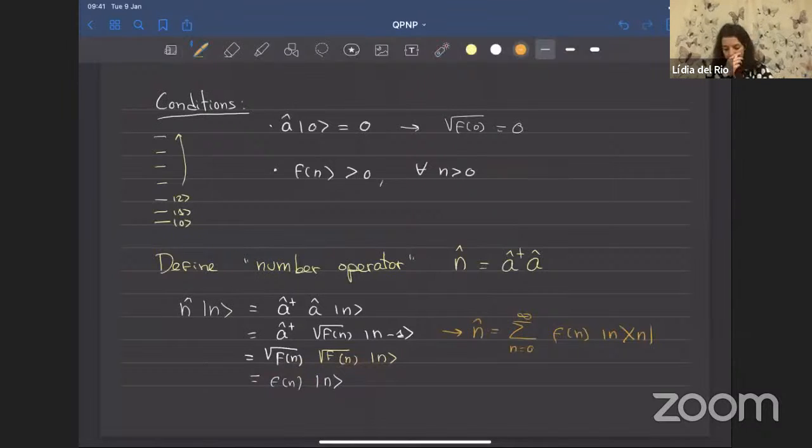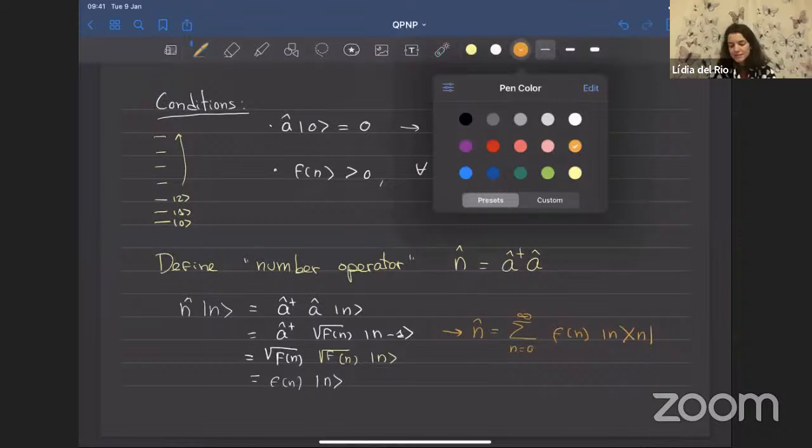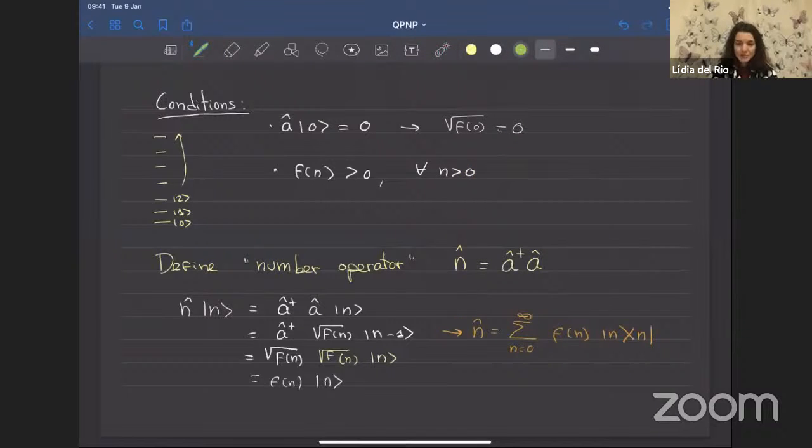Now we can make our lives easier by choosing the simplest function here, which is to say f of n equals n. Now, it could be that there are some physical systems where you get a more complicated function, but for the ones we'll see, it's perfectly good.